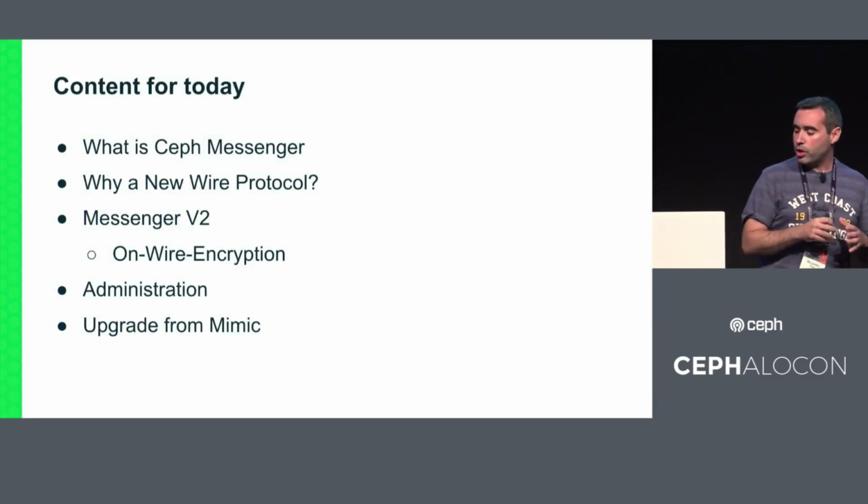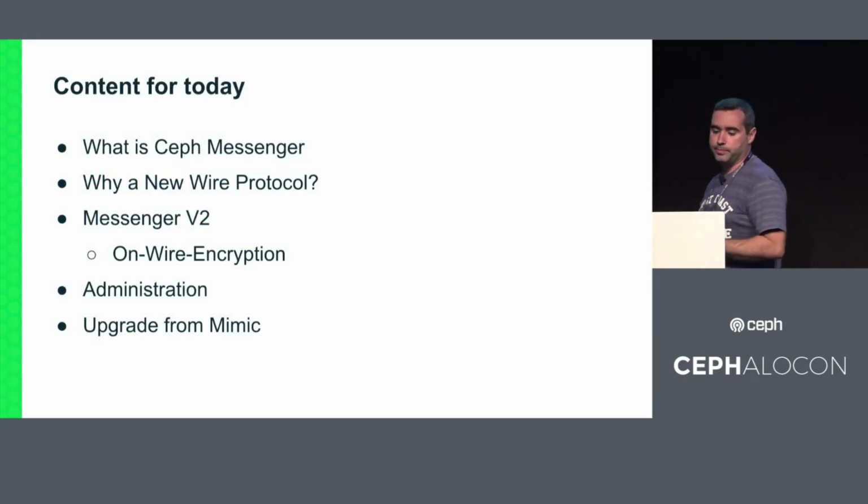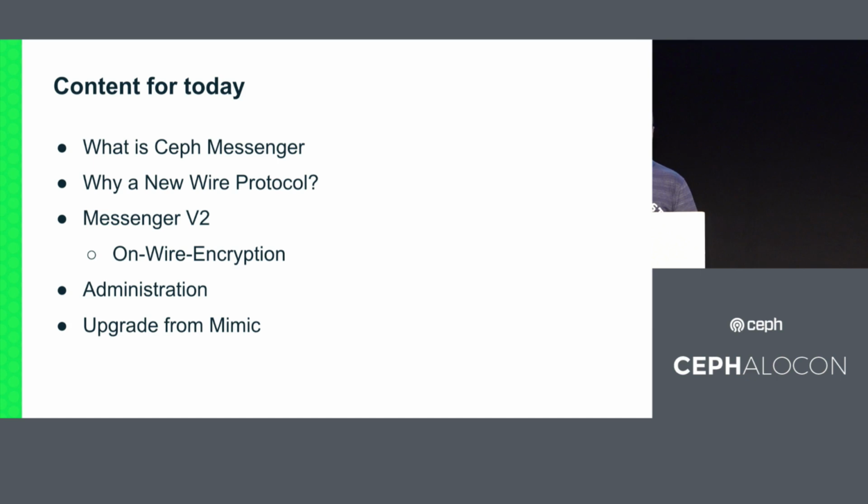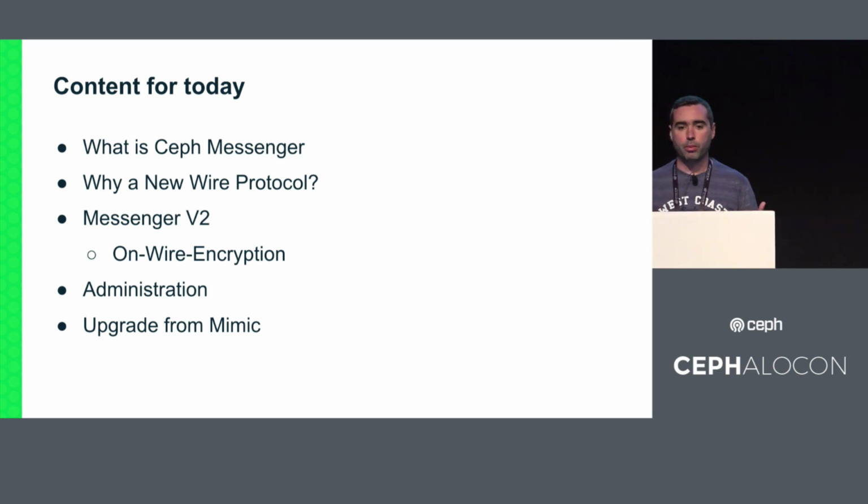So today, I will start with explaining what the Ceph Messenger component is, why we required a new wire protocol, and what the problems were with the previous, still existing, one.